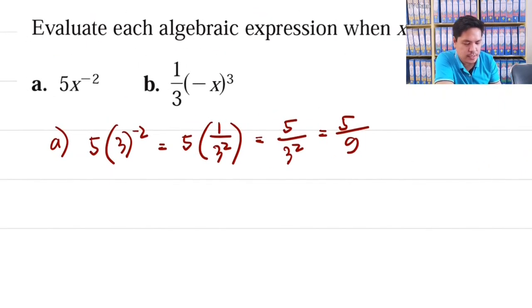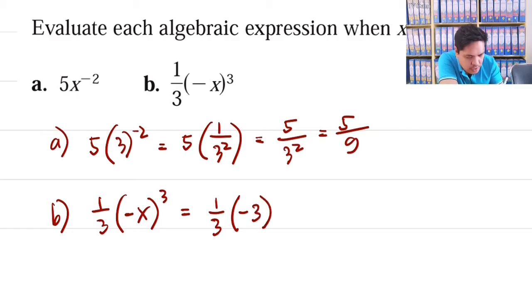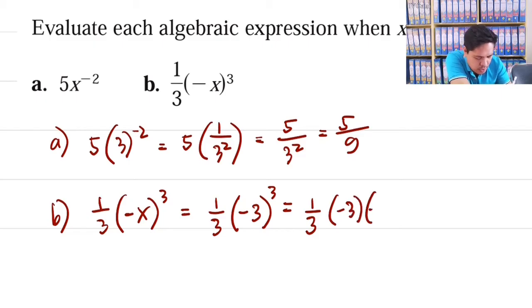Very easy. Napakadali. So, letter B. How about 1/3 times negative x cubed? Okay, so substitute natin x equal to 3. So, that's equal to 1/3 times negative x, x is 3, raised to 3. Okay? So, this means yung negative 3, we need to multiply that 3 times. So, that's the same as 1/3 times negative 3 times negative 3 times negative 3.